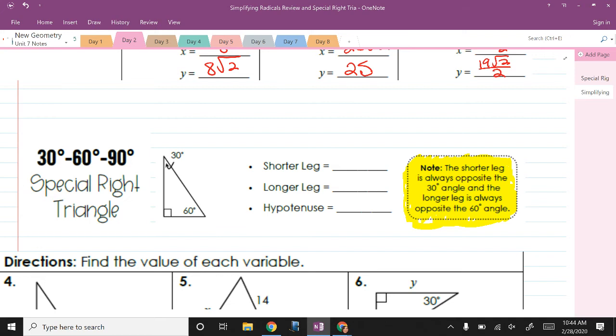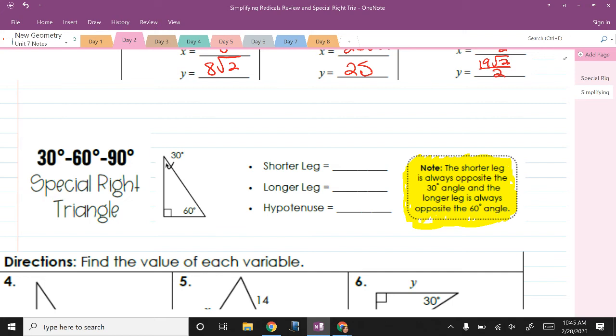What do they have? They have the 30 on top. So I'll draw my 30 on top. So this is 30 degrees. So that means this down here is my short leg, right? And that's going to be X. That means this leg over here is my long leg, and it's going to be the short leg times radical 3.